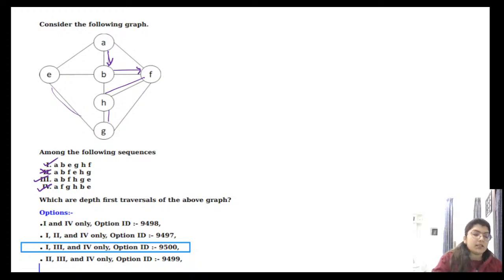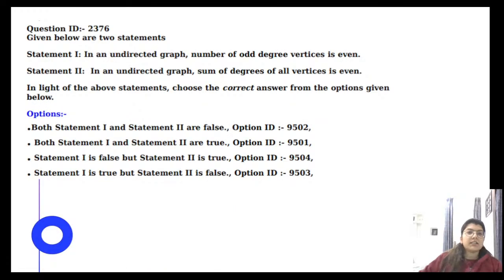Okay. Next question. This is also something we have discussed already. Statement 1 is, in an undirected graph, number of odd degree vertices is even, and statement 2 is, in an undirected graph, sum of degree of all vertices is even.